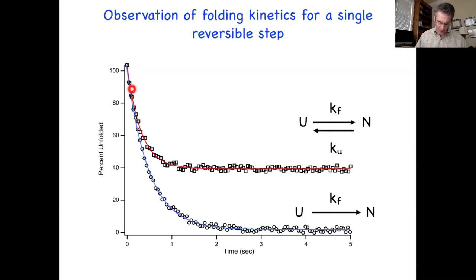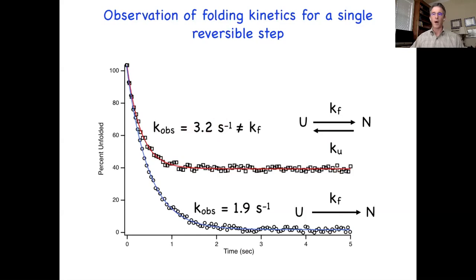Well, both of these data sets are fit to a single exponential functional term, and they both fit pretty well, right? If you did the formal analysis, it looked like a great fit. But check this out. In this case, remember, Kf, the folding rate constant, was 2 per second. The K observed you would get in this case is now almost twice the true folding rate constant, and it doesn't equal the value of the folding rate constant.